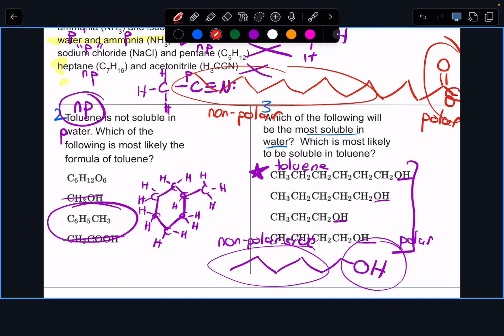So a prime example of the fact that you can have sides of a molecule to attract different things. So back to this one, if we had to pick one that would be the most soluble in water, that's going to be the one that is the shortest, where this guy is going to dominate.